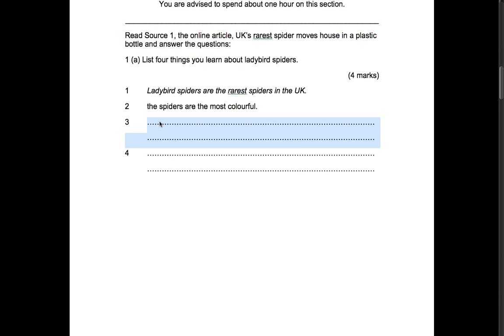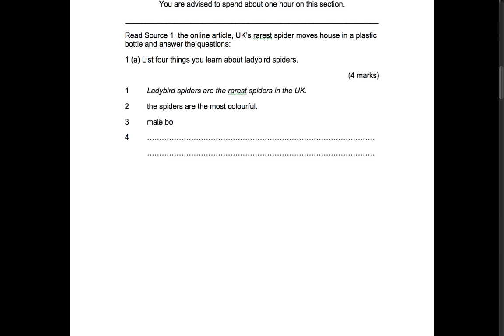This is later on when the writer refers to how the male ladybird spiders have bright red bodies. Now really, this is a bit of a gimme, in terms of you should be getting 4 out of 4 and your exam should be off to a good start. The only thing that I think can mean that you don't get your marks here is if you haven't read the question clearly.